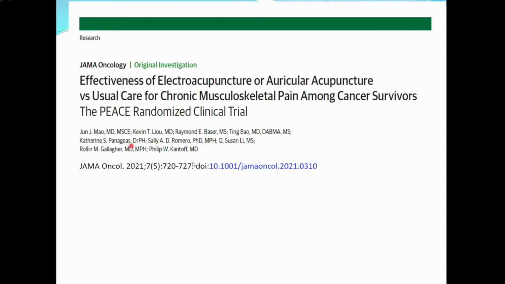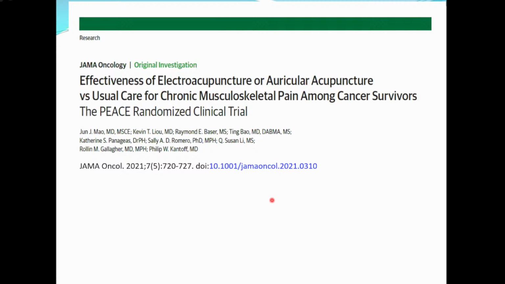Then also more recently, in 2021, just last year, a study was published in JAMA Oncology. They found that auricular acupuncture or electro-acupuncture can help, compared to usual care, with chronic musculoskeletal pain among cancer survivors. So in recent years, more and more acupuncture is being used for cancer patients.